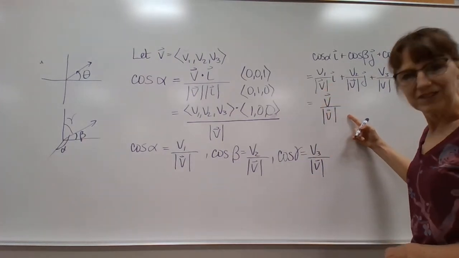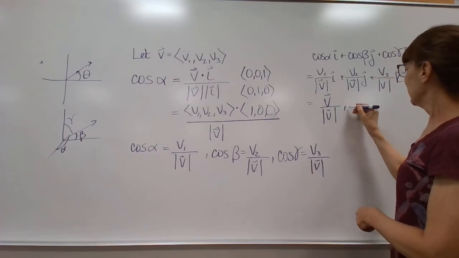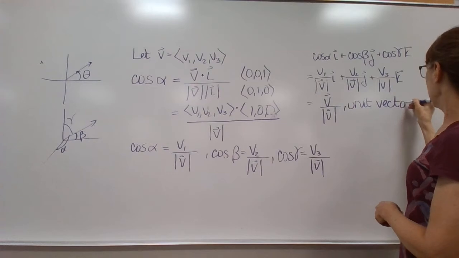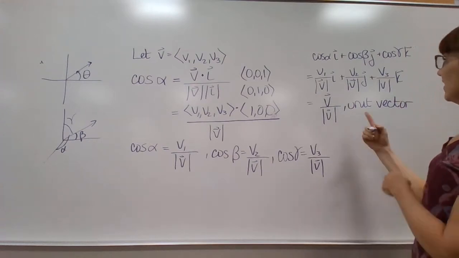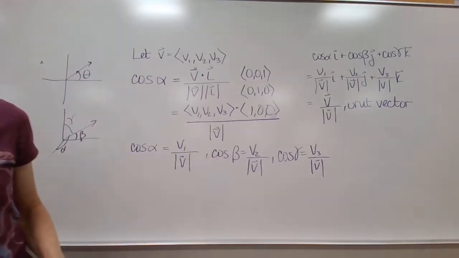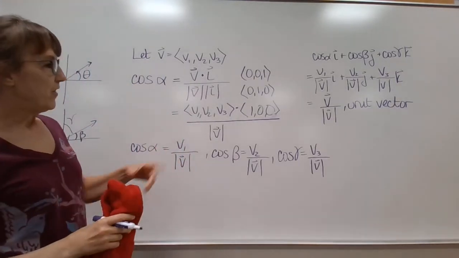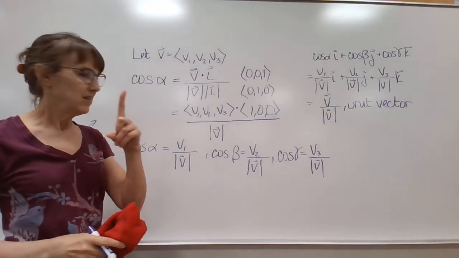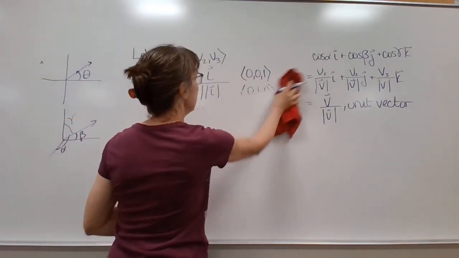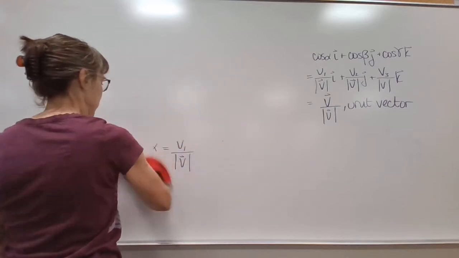That's a unit vector, by definition. And that means, if that's a unit vector, if I take its magnitude, I get 1, because the magnitude of a unit vector is 1. That's what makes it a unit vector.